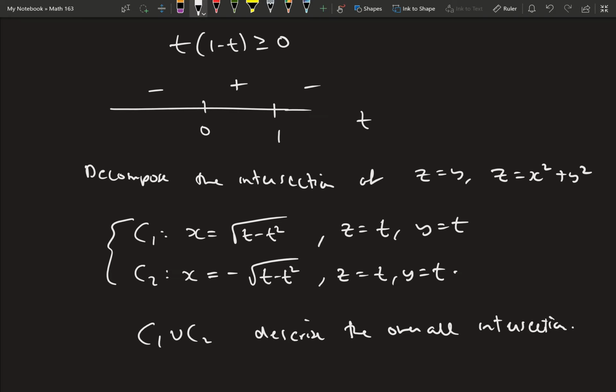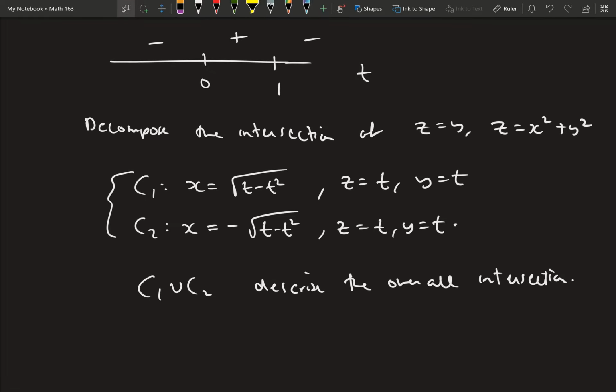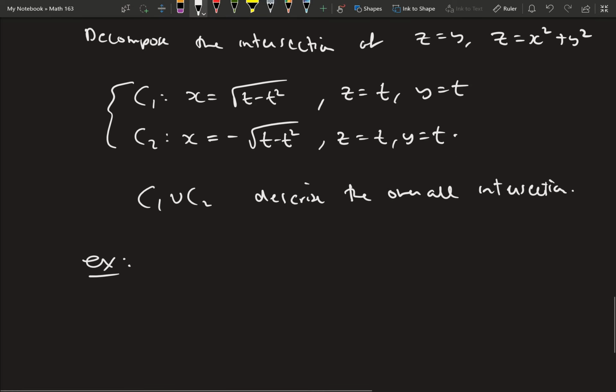So I wanted to do one example where we have an intersection of two surfaces, and this one gets a little more complicated than some of the ones I've assigned, but it's a good example. So let me leave you with one exercise for intersections of surfaces.